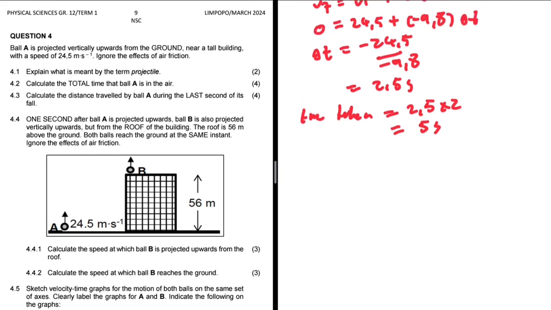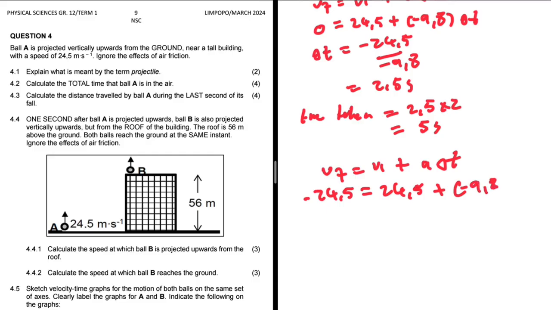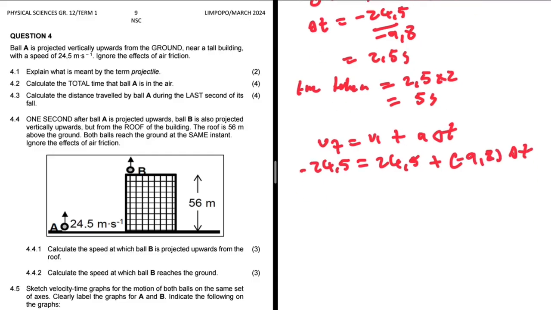So vF equals vI plus a delta t: minus 24.5 equals 24.5 plus minus 9.8 multiplied by delta t.